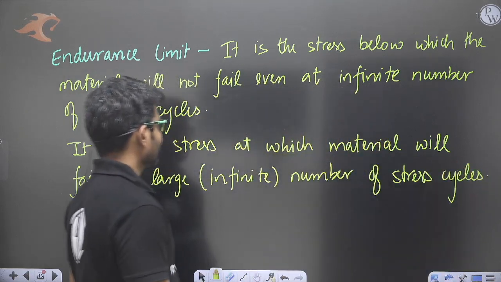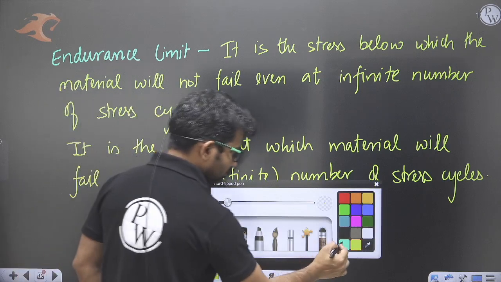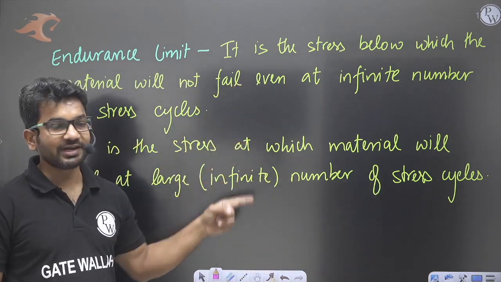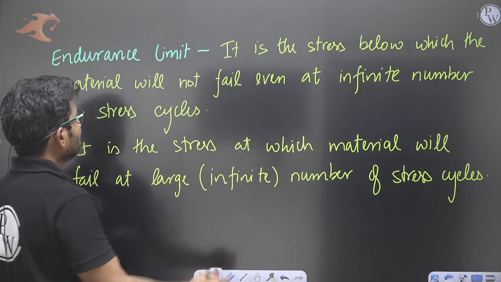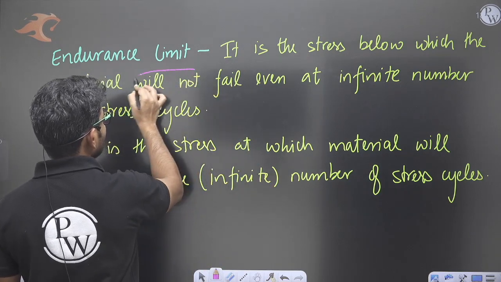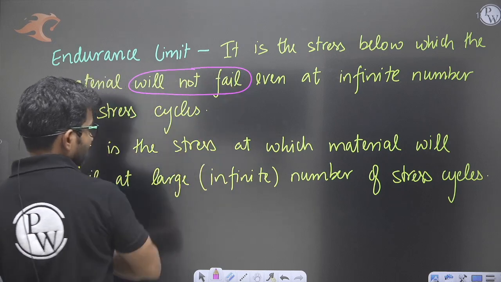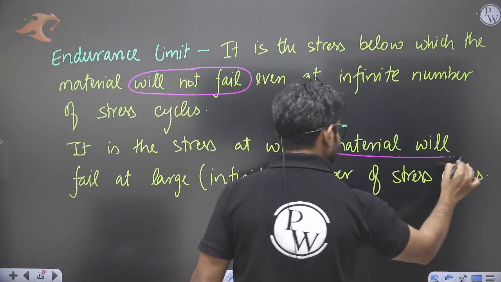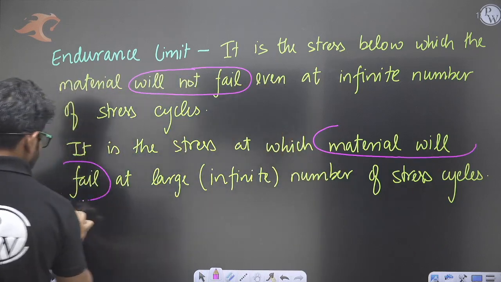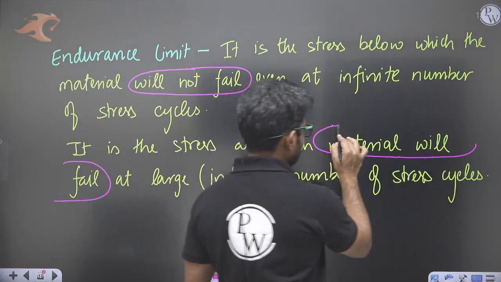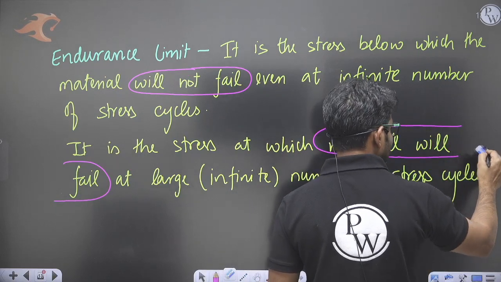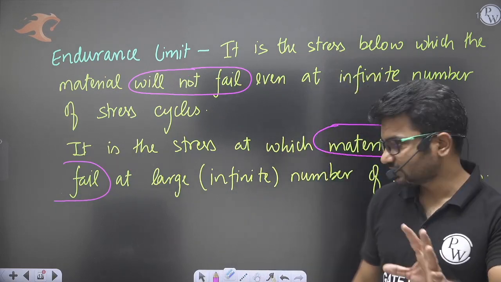Okay, so do you find these two statements contradicting each other? Here we are saying the material will not fail, and here we are saying the material will fail. Do you find these two statements contradicting each other, or are they the same?